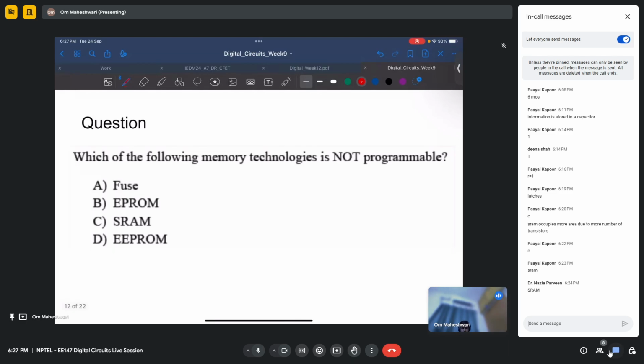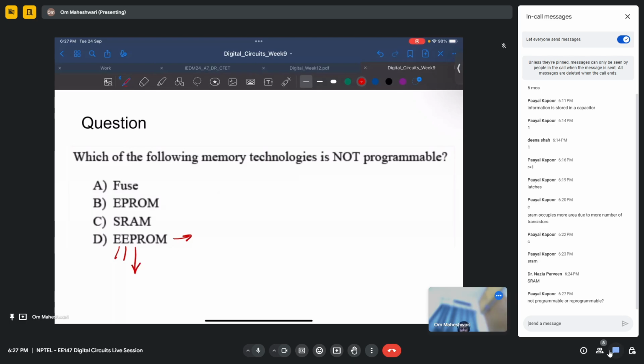So what does EEPROM mean? It is electrically erasable programmable. So this one is programmable, right? This is not our answer. In EEPROM also, P stands for programmable.